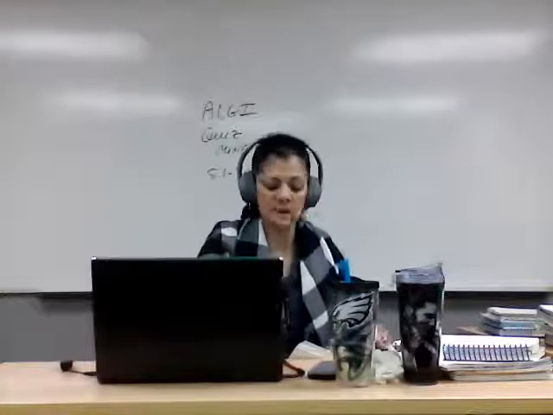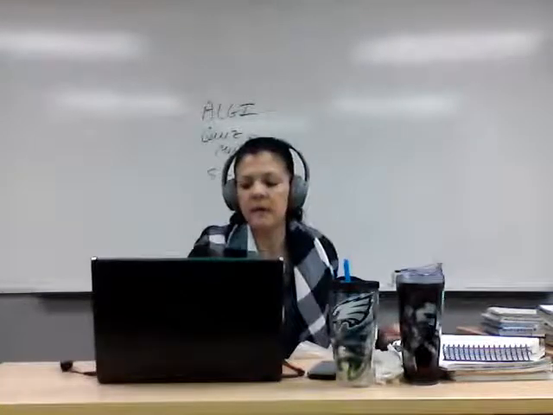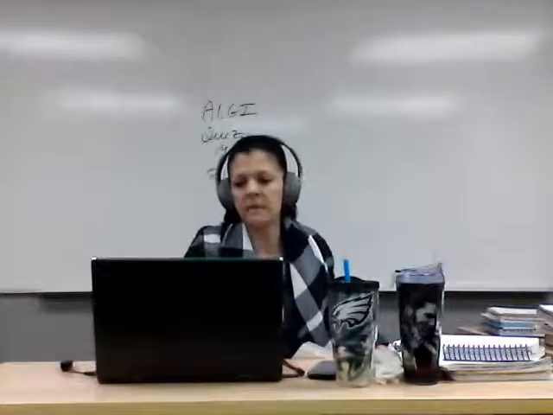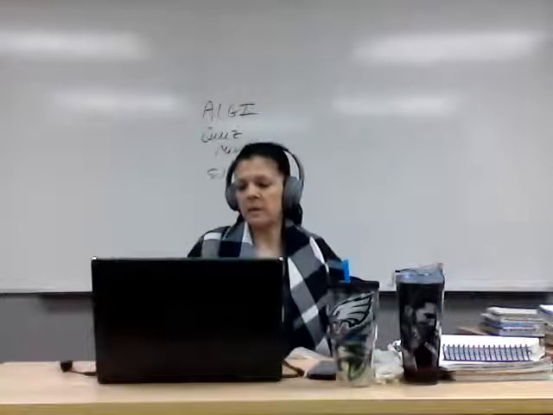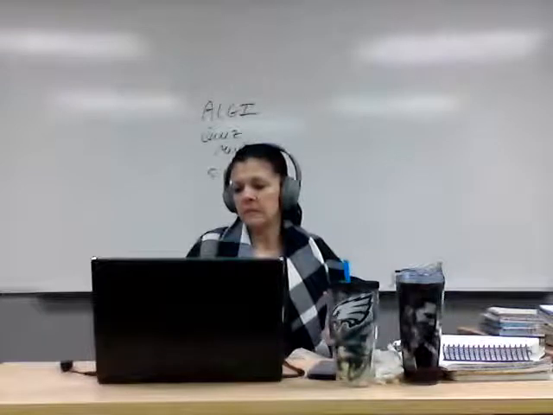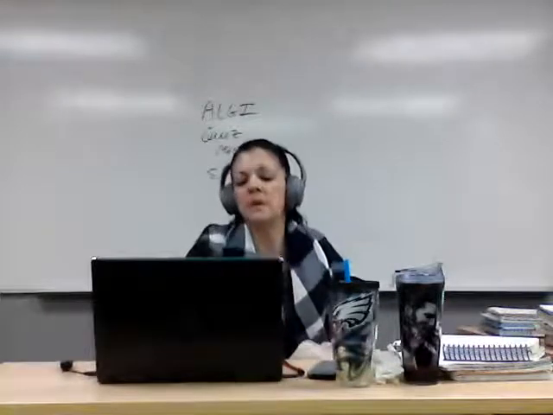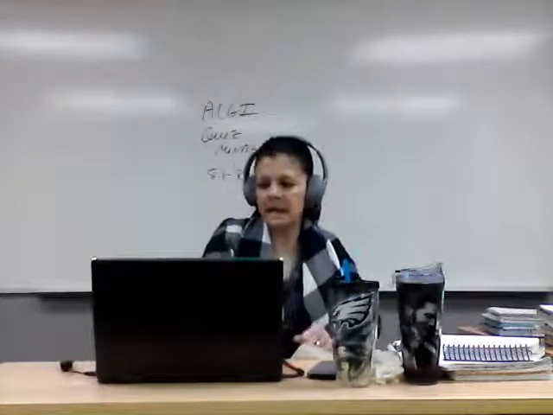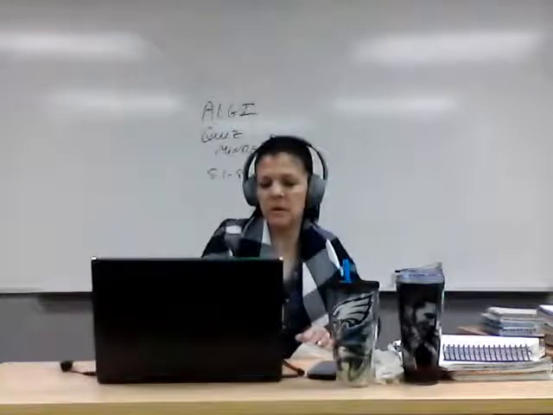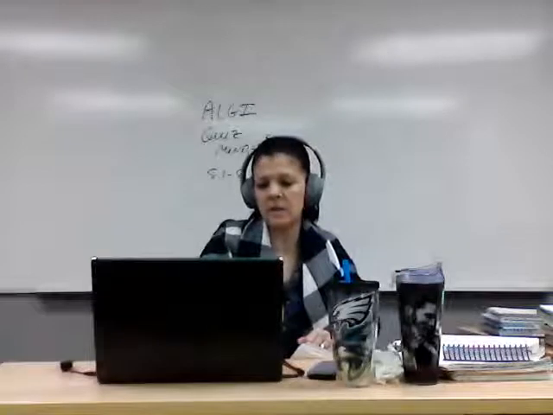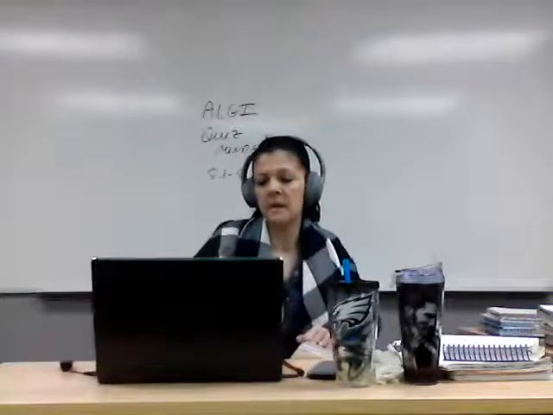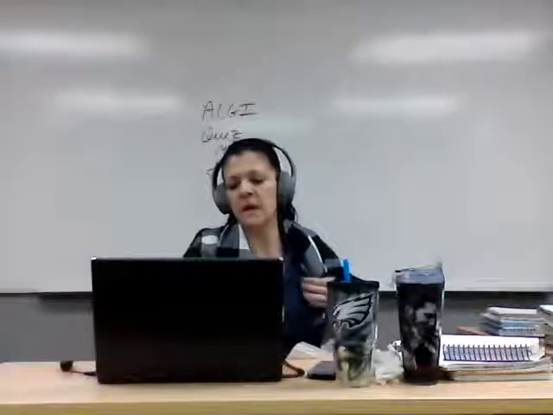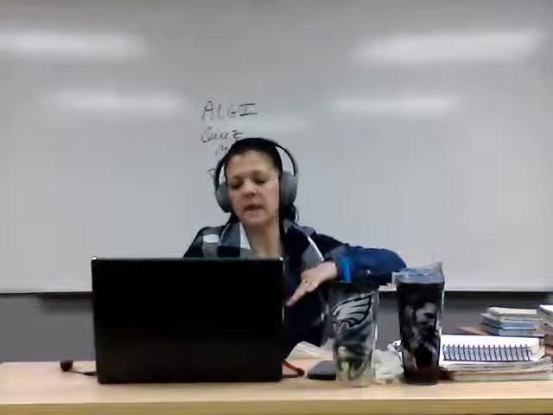Good. Okay, so now we have the square root of x minus 2 equals 5. Square both sides. Okay, these cancel. That's what you want. So they're gone. You don't have to worry about that anymore. x minus 2 equals 25. Now what? Add 2 to both sides. x equals 27.